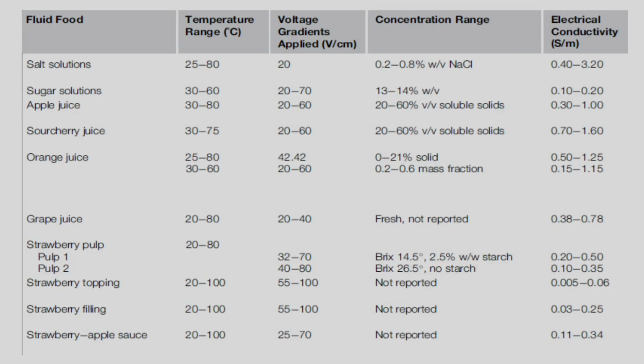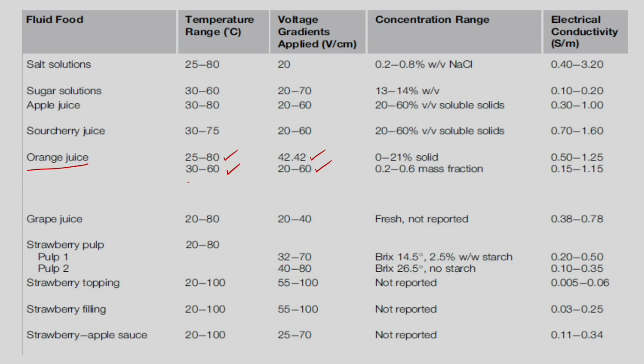This is the table which lists the different fluid foods, the temperature ranges, the voltage gradient applied across the electrodes, the concentration ranges in the food material, and the electrical conductivity. You can get this in the reference itself. I would like to highlight a few. For orange juice, the temperature range is 25 to 80 and 30 to 60, and the voltage gradient applied is 42.42 volts per cm.